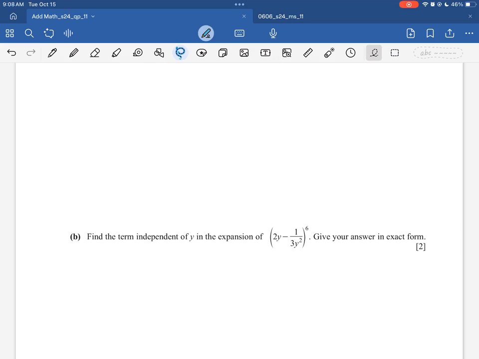Now, first of all, you need to understand what the question is asking you. So the term independent of y is the term that has no y in it. Well, no y inside. So that term is your constant. So they're asking you to find the constant value of this.